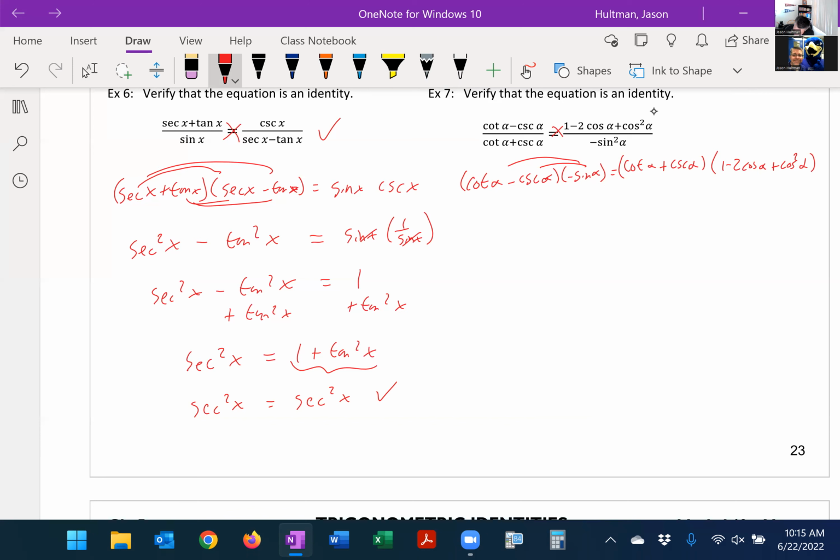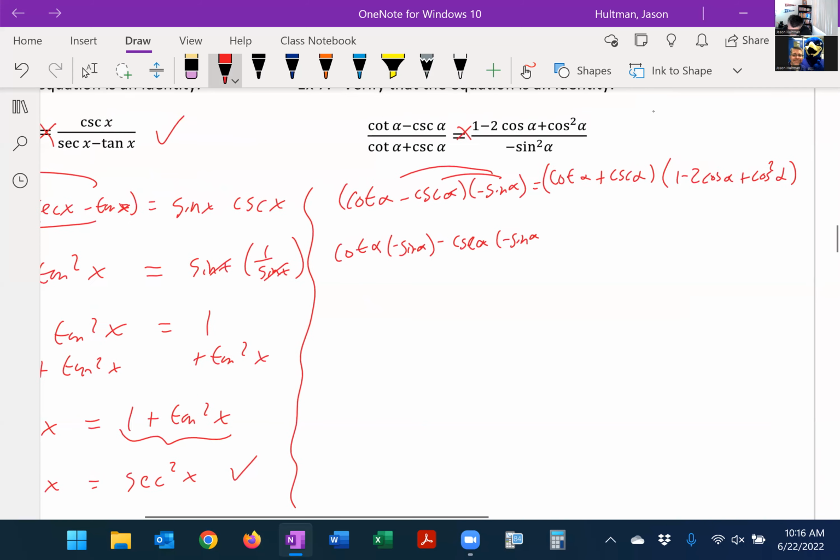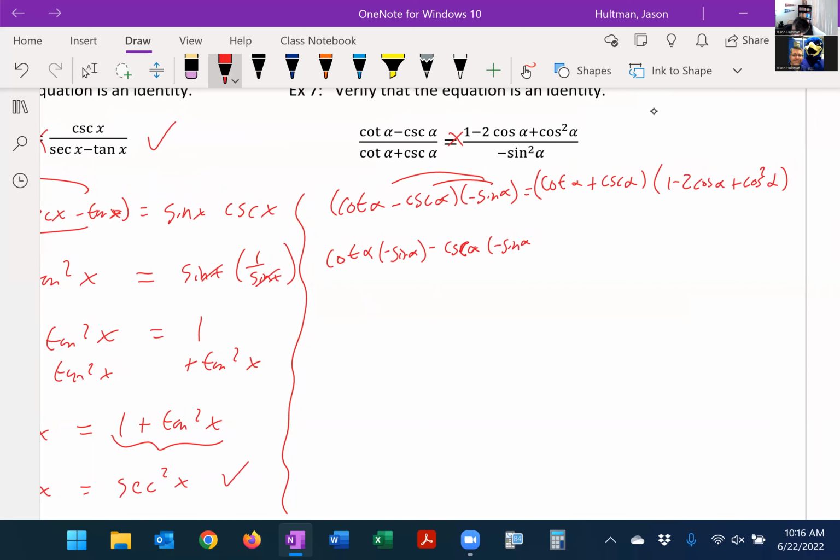So I end up with cotangent alpha, I'm going to separate these guys, cotangent alpha times negative sine alpha, minus cosecant alpha times negative sine alpha. Let me zoom in a little bit.